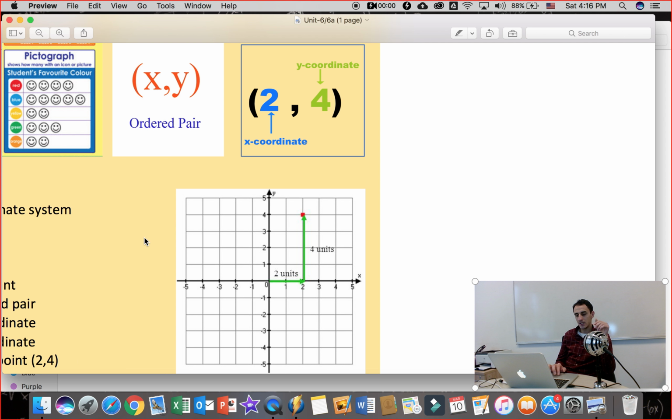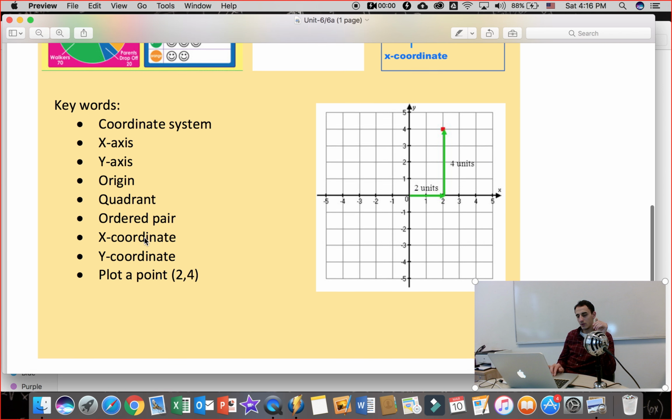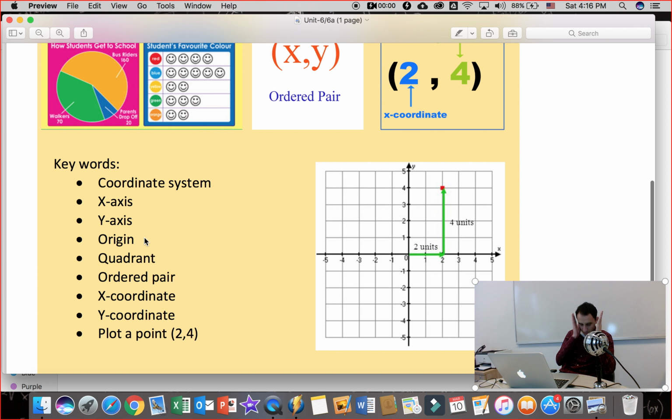That's it, guys. So let's quickly review the special words we have learned in this section. The coordinate system is this field that we are going to work on in unit number 6. The x axis is horizontal, the y axis is vertical, and the origin is the intersection point.